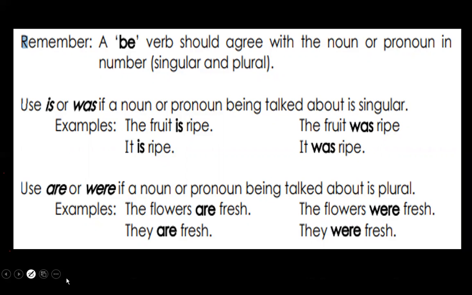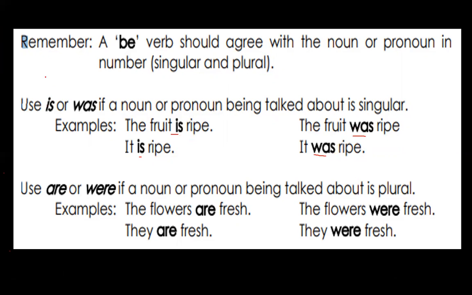For example, we have the fruit is ripe, so there is only one noun, the fruit. It is ripe. The fruit was ripe, it was ripe. So again, we use was and is if the subject is singular or the noun is only one.